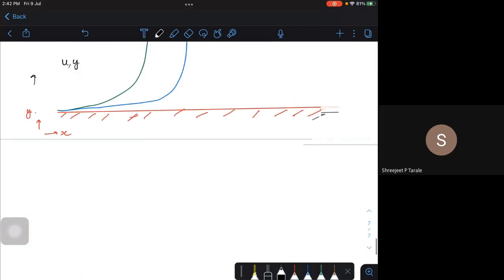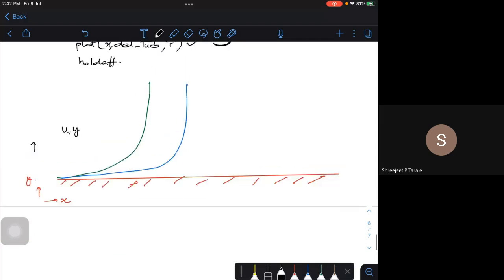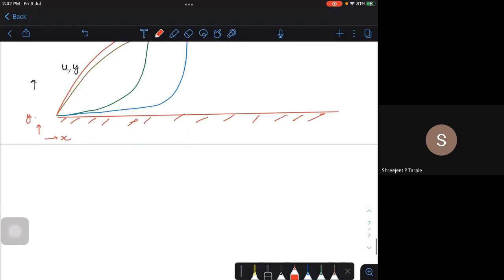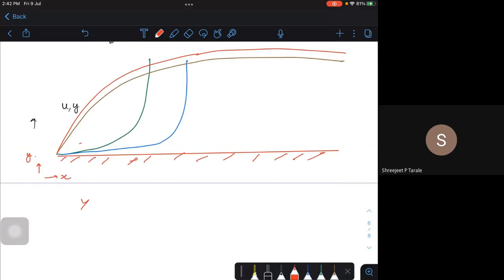Now, see, if this is my laminar boundary layer, and then this may be my turbulent boundary layer, I am just simply trying to show the laminar and turbulent boundary layers. With respect to the limitation, that is why I need to plot only in this region.